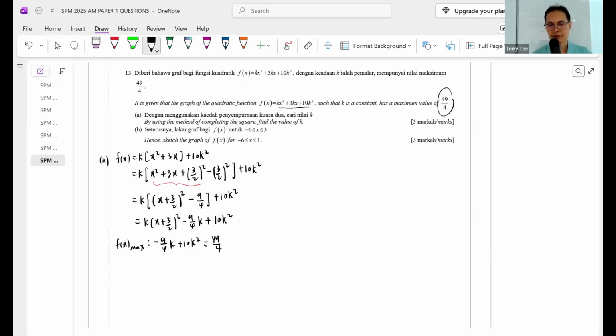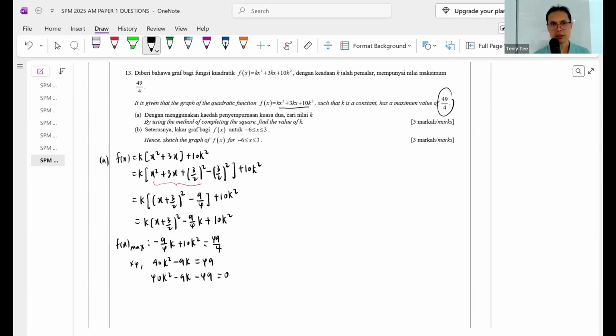Okay, now let's get rid of the fraction. The 4 here is very annoying. So what do I do? Times 4. So 10k squared becomes 10 times 4, 40k squared, minus 9k equals 49. Bring your 49 to the left. Now I know this number is kind of big.